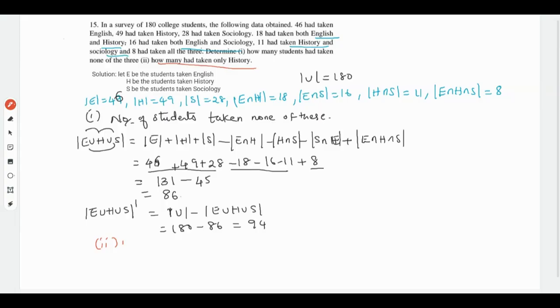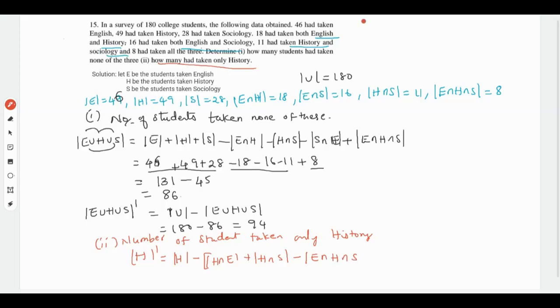So the number of students who have taken only history will be, the formula is H dash equals H minus H intersection E minus H intersection S plus E intersection H intersection S.